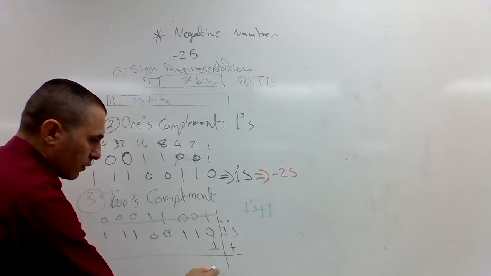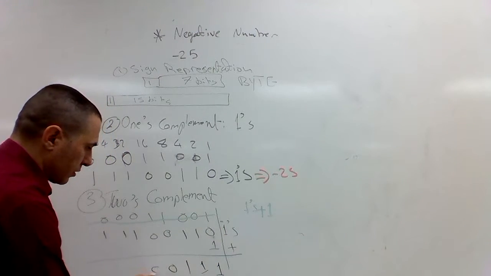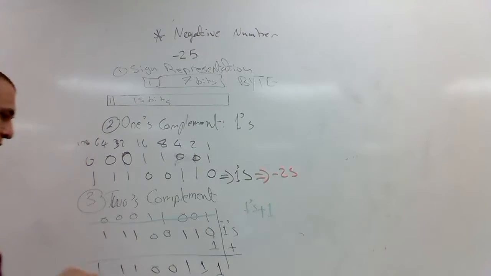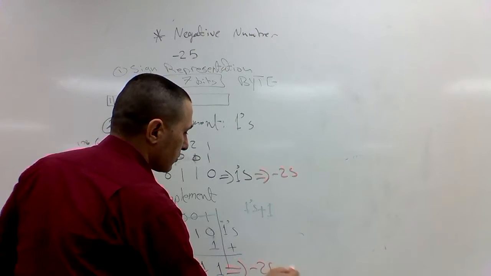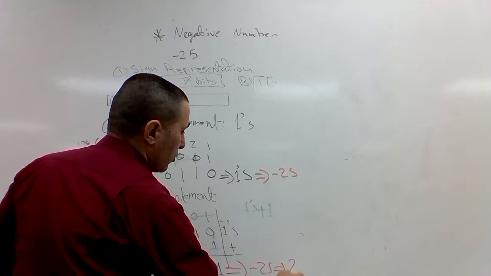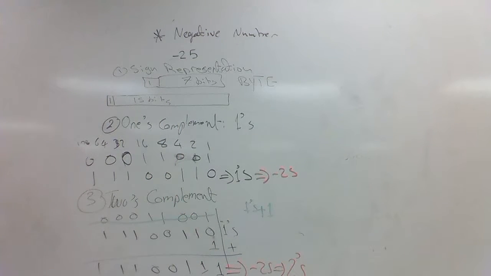Here's 1, 1, 1, 0, 0, 1, 1, 1. This number is negative 25 in 2's complement. That's the way they write it.